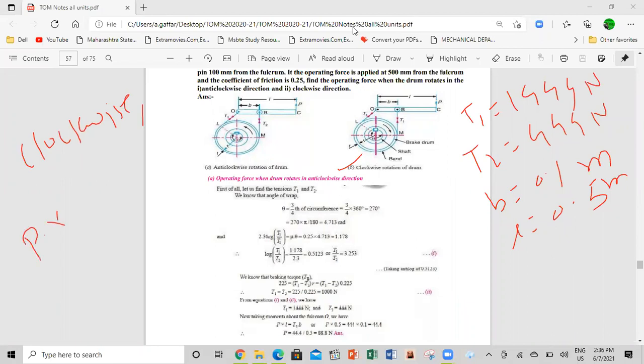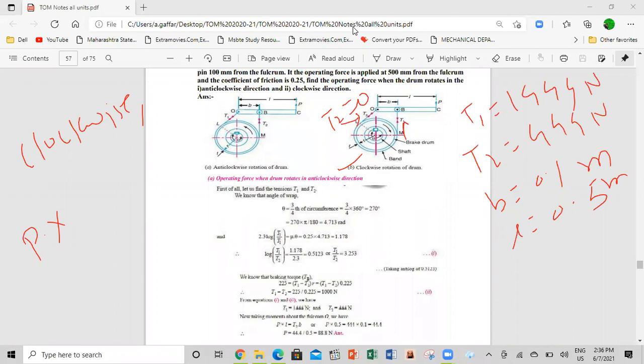In this case the tension acts on the right side. T2 is 0 because it is attached at the fixed point. So when we take the moment at point O, T2 will be 0.